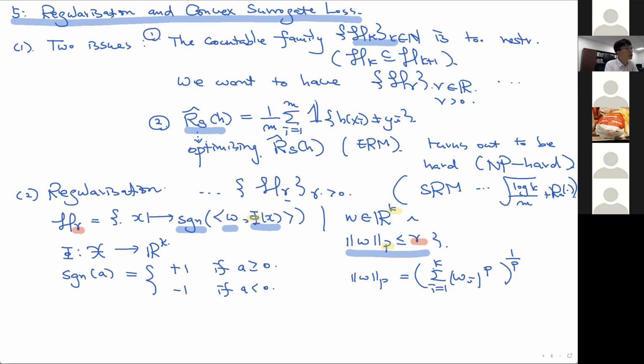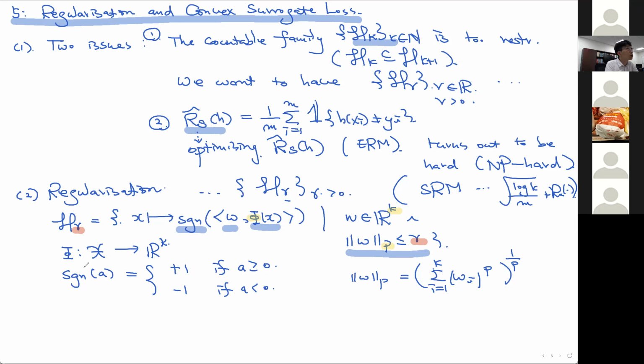To talk about regularization, we have to impose some structure on the hypothesis set. We have to parameterize the hypothesis set with positive real numbers, and impose structure so that each hypothesis has a parameter, like w here, and then we can put constraints on that parameter in terms of the norm and a bound.